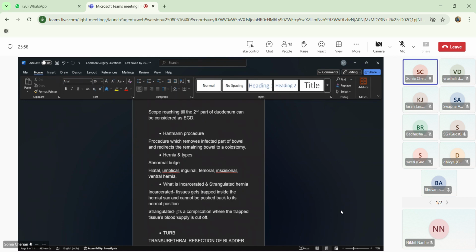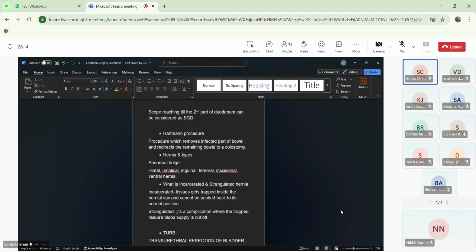So incarcerated is nothing but tissue gets trapped inside the hernial sac and it cannot be pushed back to its normal position. Strangulated is a kind of complication where this trapped tissue's blood supply is cut off, and what happens?